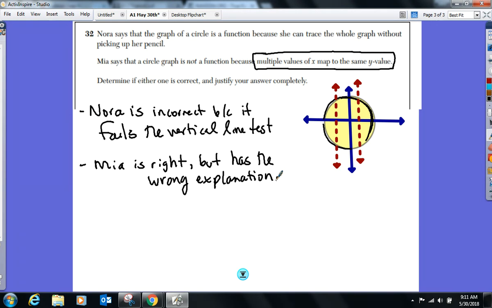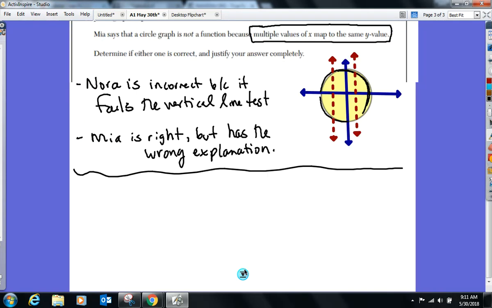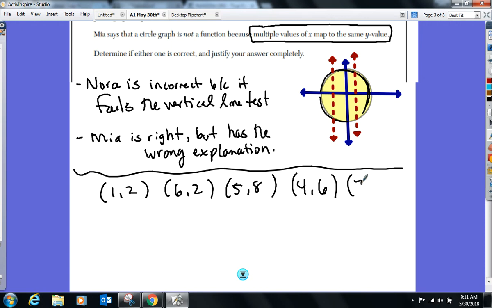Now, the only thing I would worry about is what if they don't give you a graph? Let's say they pull one of these. I've seen this too before where they give you the points. So let's say I have 1, 2, 6, 2, 5, 8, 4, 6, and let's go, I don't know, 7, 8. Is this a function, guys?